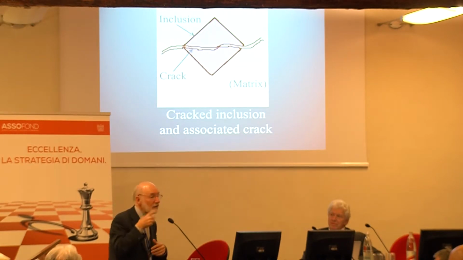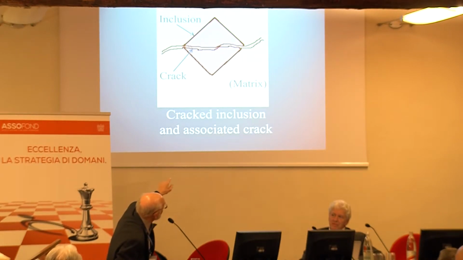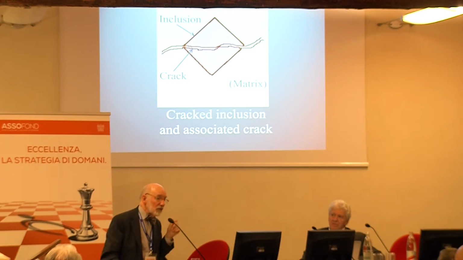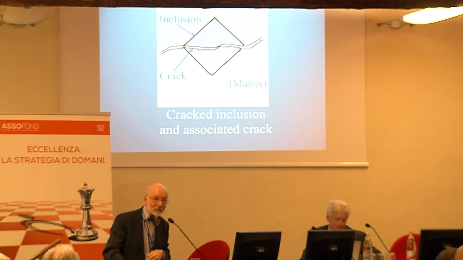And so the normal thinking in interpreting this view that we would see under the microscope would be that the inclusion is there first, we put on a stress, the inclusion cracks, and the crack can go into the matrix. Now, unfortunately, that's completely wrong.